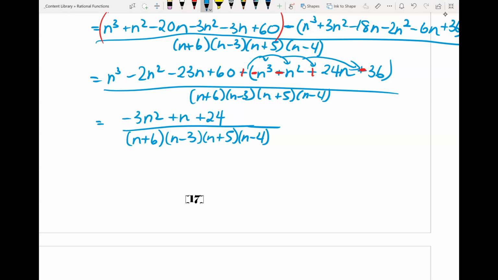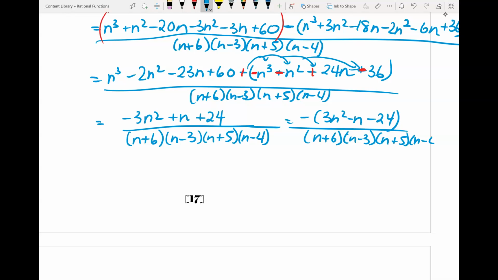We can see if we can try to factor the numerator, and maybe we can cancel something out. So I'm going to factor out the negative then. So let's see, 3 and 1.